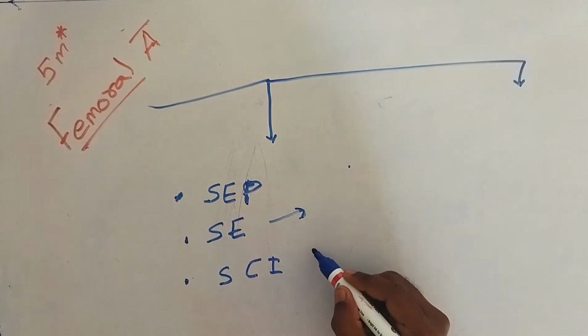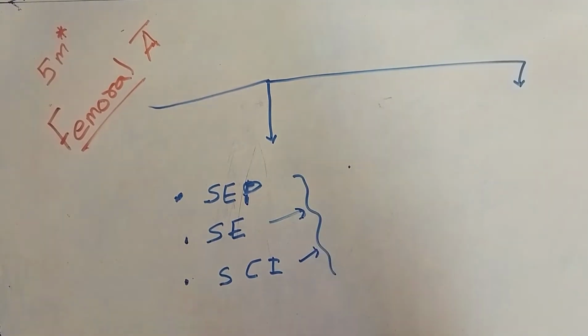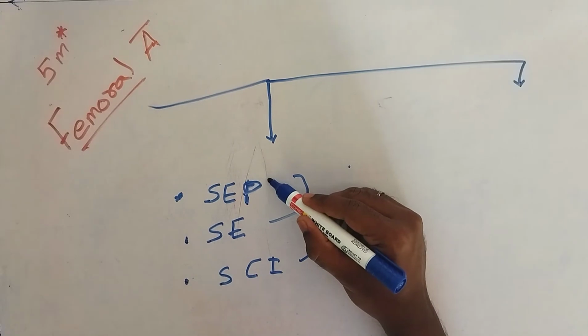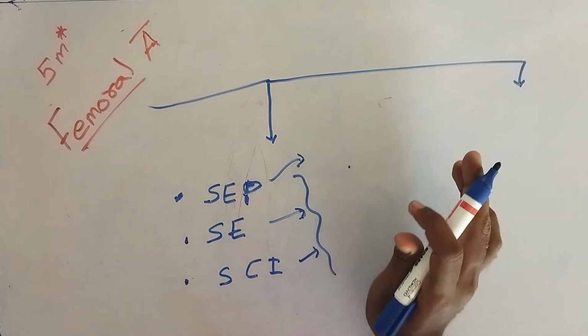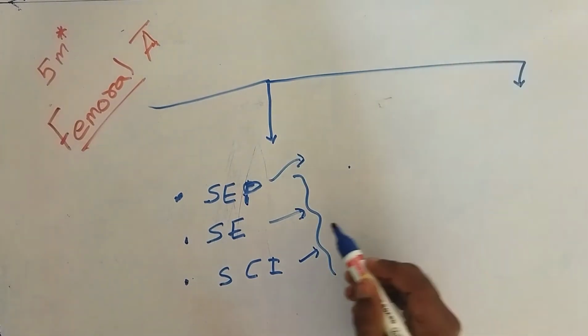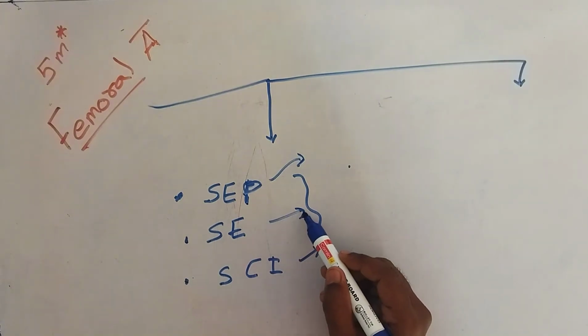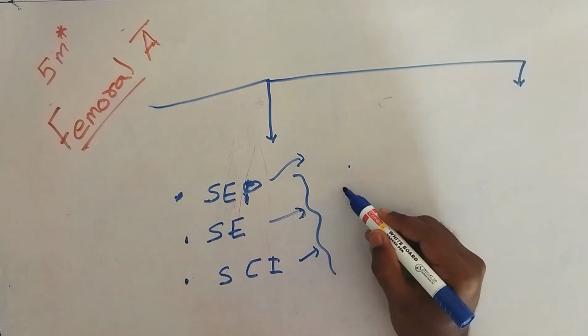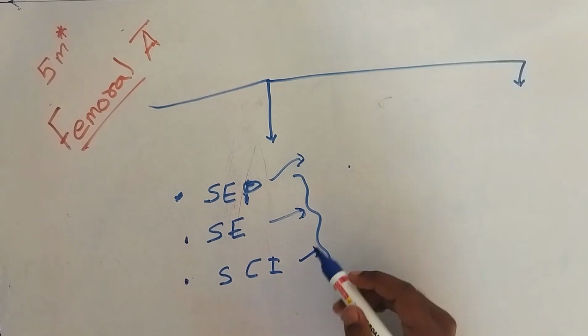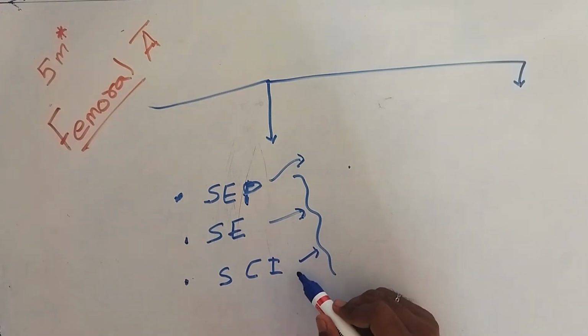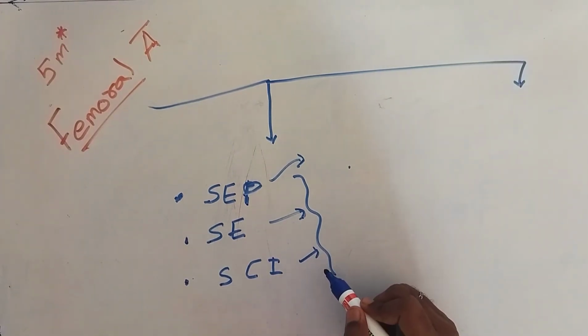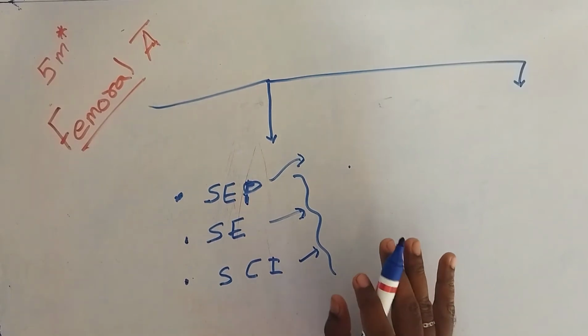It supplies the skin along the iliac crest. These three branches supply the skin: the superficial external pudendal to the skin of the external genital organs, the superficial epigastric to the skin of the lower abdomen region, and the superficial circumflex iliac artery to the skin of the iliac crest.